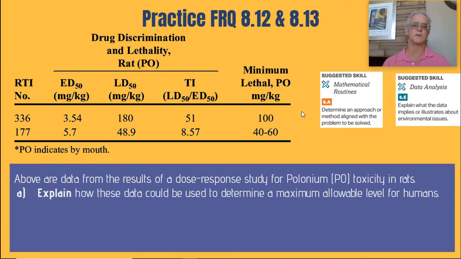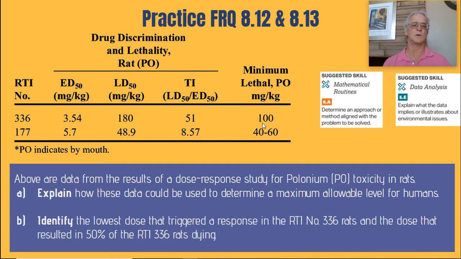A, can you explain how these data could be used to determine a maximum allowable level for humans? And B, can you identify the lowest dose that triggered a response in RTI number 336 rats and the dose that resulted in 50% of the RTI 336 rats dying? Thank you, and I hope that was helpful.